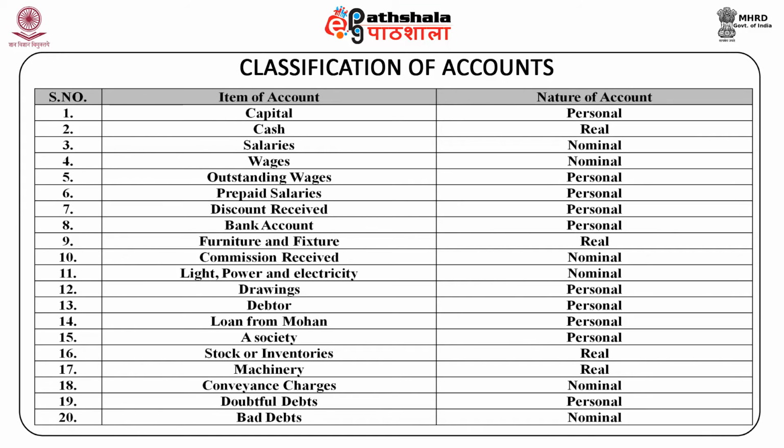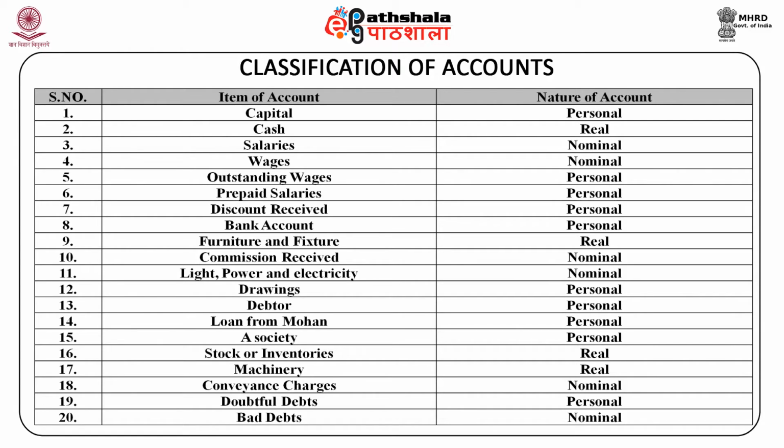Capital account will be classified as personal account. Cash account will be classified as real account. Salaries account will be classified as nominal account. Wages account will be classified as nominal account. Outstanding wages account will be classified as personal account.